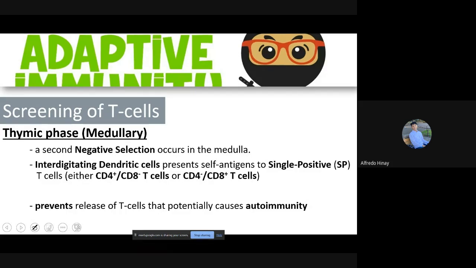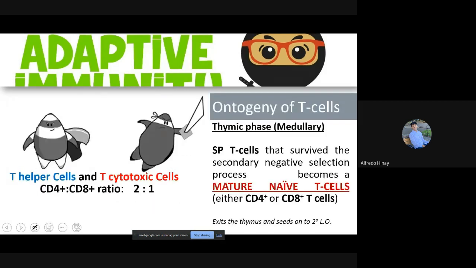So the screening of T cells is more powerful compared to B cells. Tomorrow, you will be surprised that B cells only had one screening. But for T cells, there are three ways, while for B cells there are only two, positive selection or negative selection. After that, the single positive T cell that survives the secondary negative selection process becomes an immature, naive, virgin T cell, either CD4 or CD8.